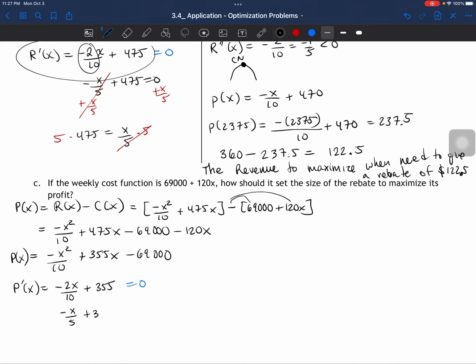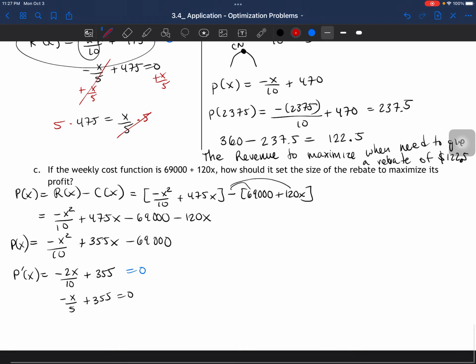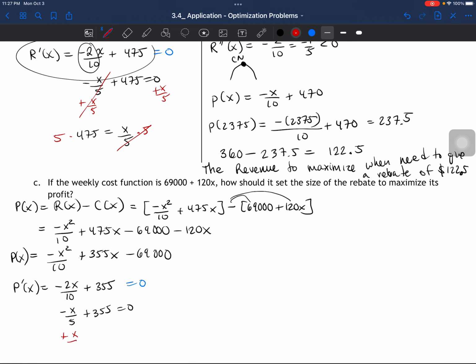So let's go ahead and solve this. We know that negative 2x over 10 is negative x over 5, plus 355 equals 0. Of course, we're going to add x over 5 on both sides of the equation. That cancels.